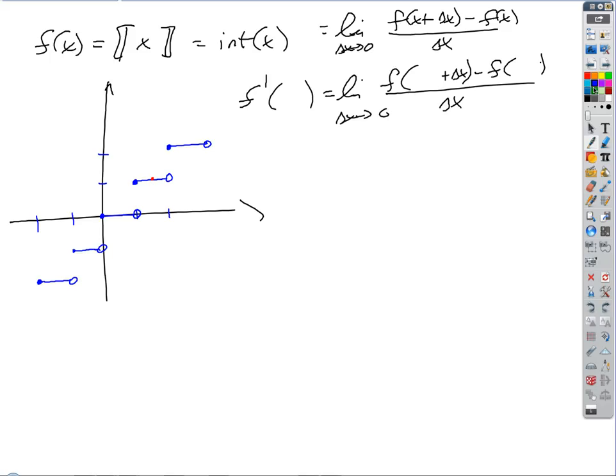We can still make it work, but we might want to use the other form of this. If I put in 2, I'm going to get 2 plus delta x of 2, right?